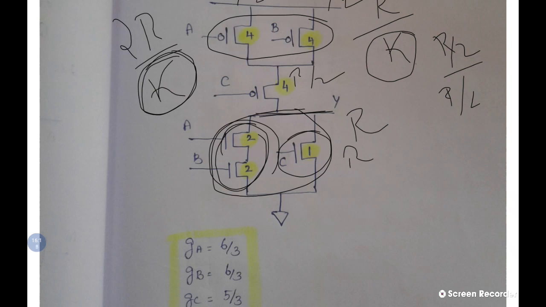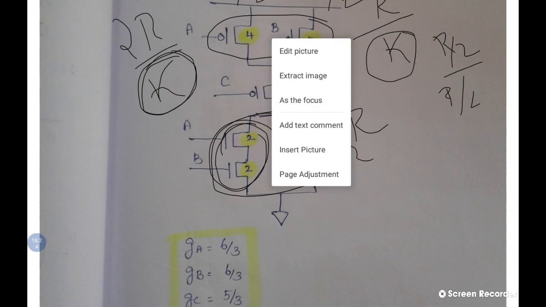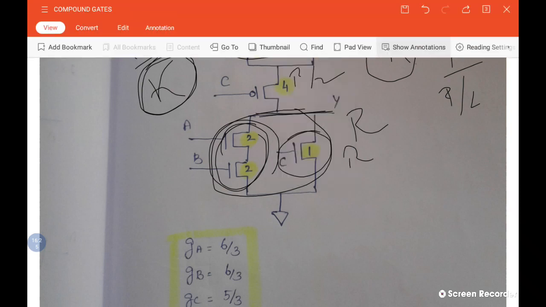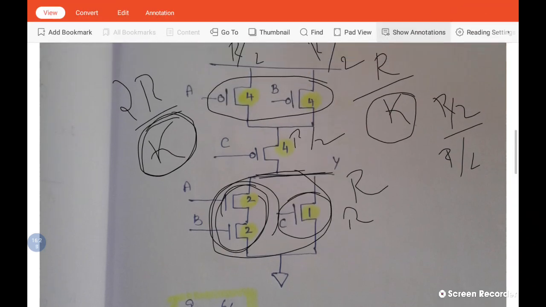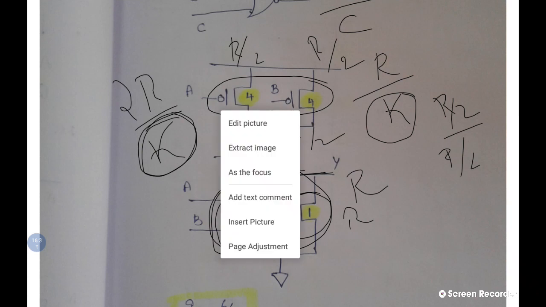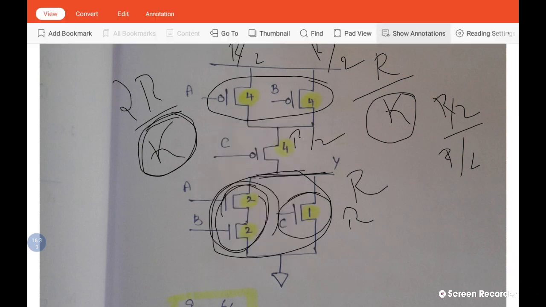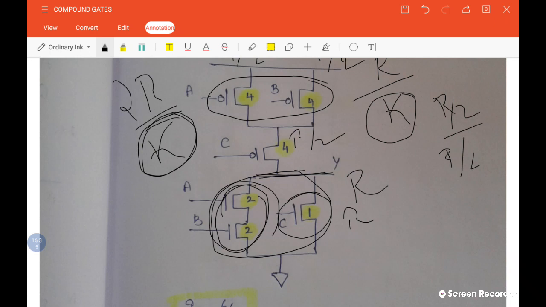See here, from this PMOS you have size 4 from the pull up network. Wherever the term A appears, here A with size 4, and here in pull down A with 2.